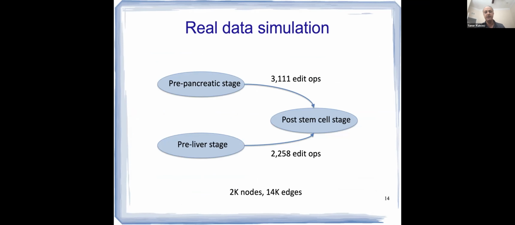The size of this data set is roughly 2,000 nodes and 14,000 edges. One of the pathways contains more than 3,000 network edit operations, edge insertions and deletions, and the other pathway contains more than 2,000 edge insertions and removals.